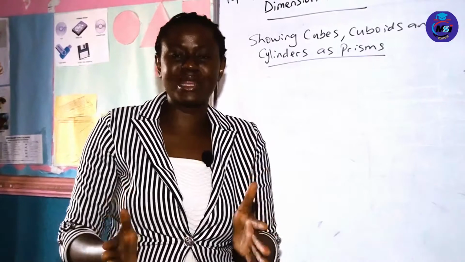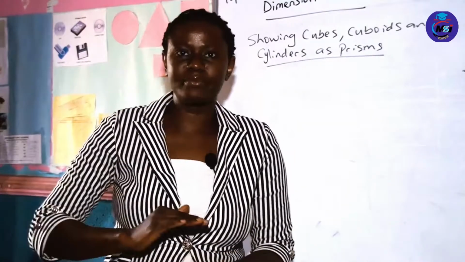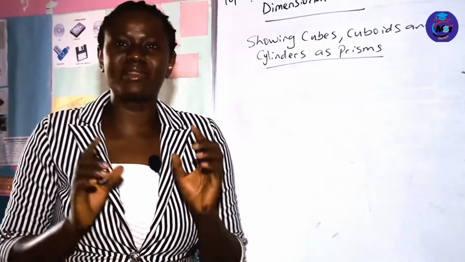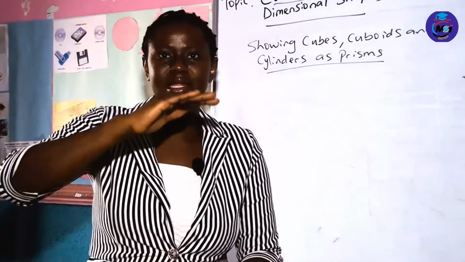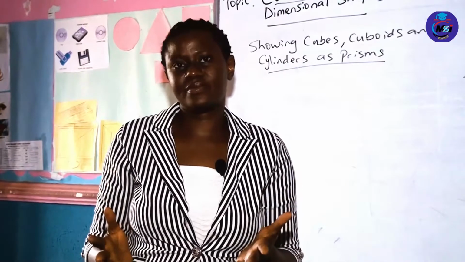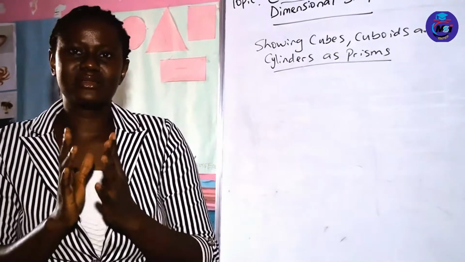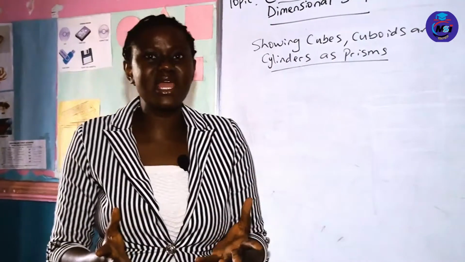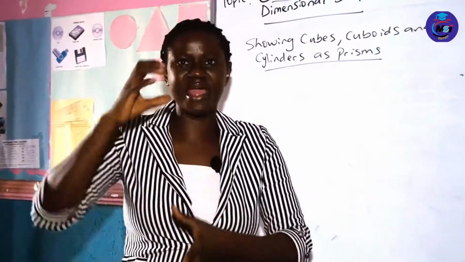A solid that can be built in layers by placing a square or a circle or a triangle or other shapes of exactly the same size on top of one another, you call that a prism. That layer is called a cross section.